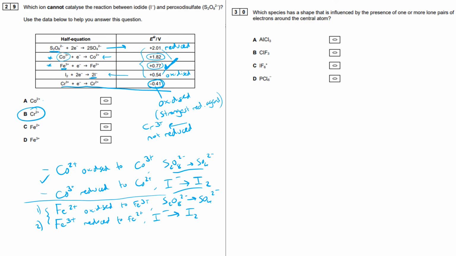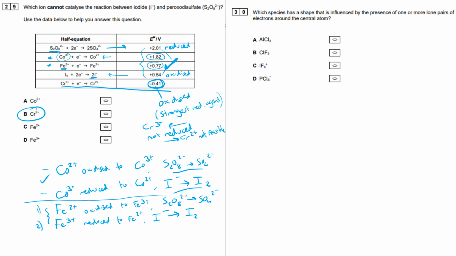The reaction to reform Cr2+ is not feasible, so it couldn't act as a catalyst in this case. Again, fairly tricky question there because it's combining two topics together.